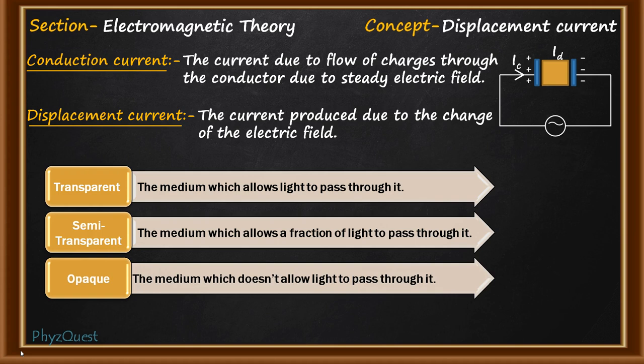So the behavior of the displacement current will depend upon the type of material used as the medium. Now in the question, we have a semi-transparent medium with relative permittivity greater than 1, relative permeability equal to 1, and conductivity greater than 0.